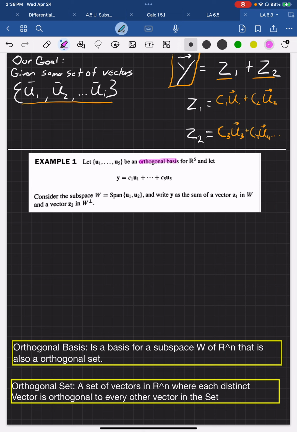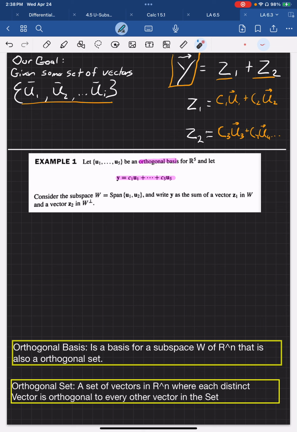We'll come back to that for R5. And let y be a linear combination of those vectors in that set. All right, I said I would read it in its entirety, but let me make sure we understand what has been said so far. So let's make sure we understand this language.